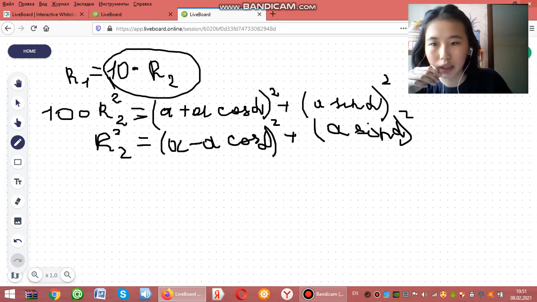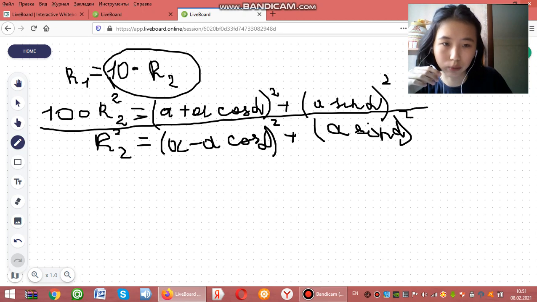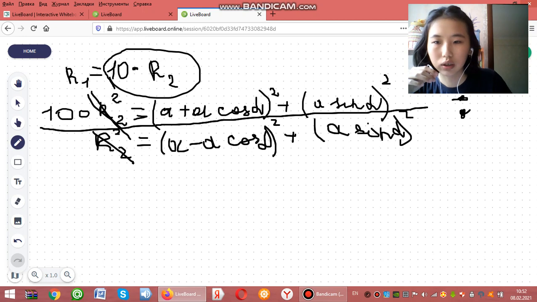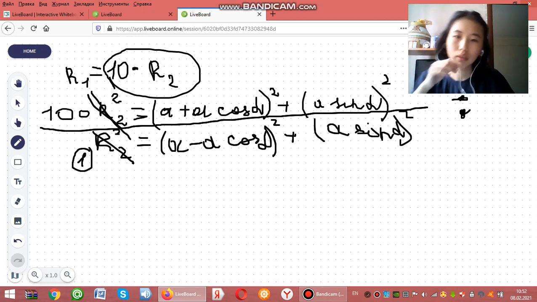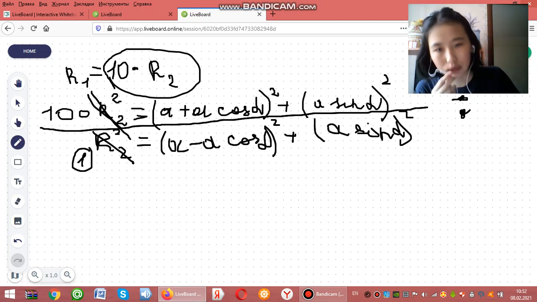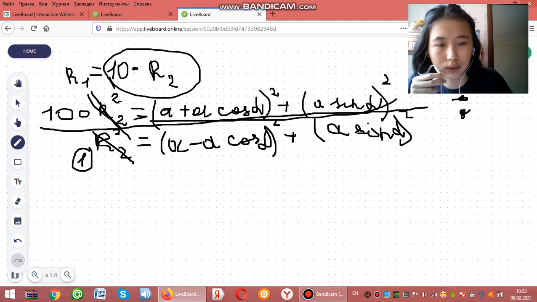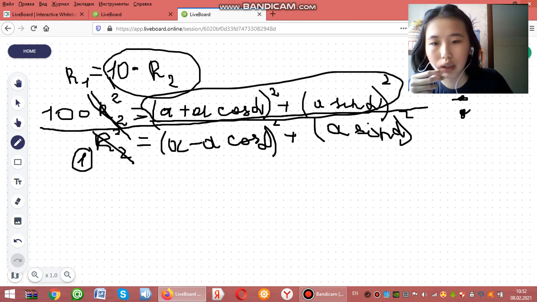Here we can divide these two equations, right? So we can remove this, and here it will be 1, and we need to solve this little equation.